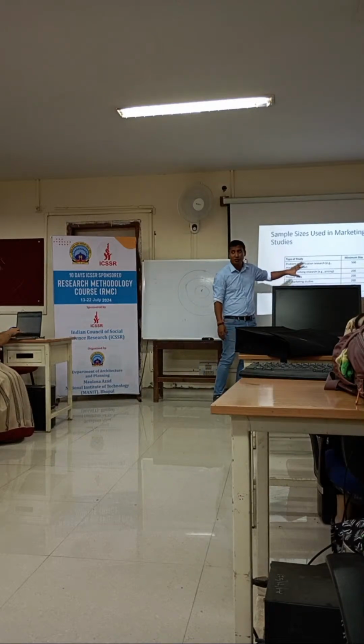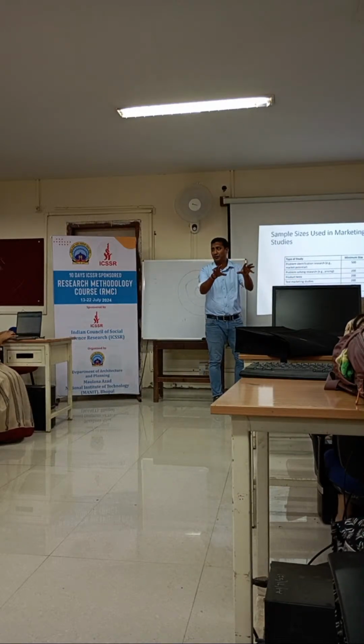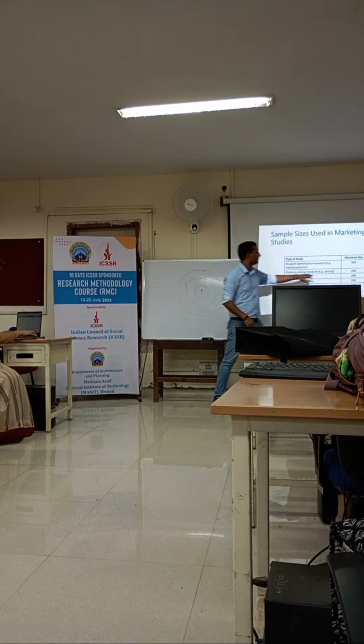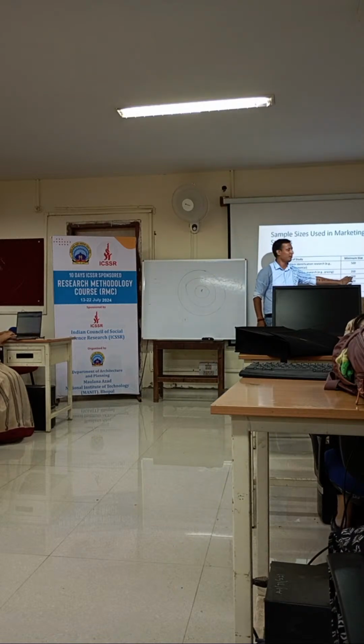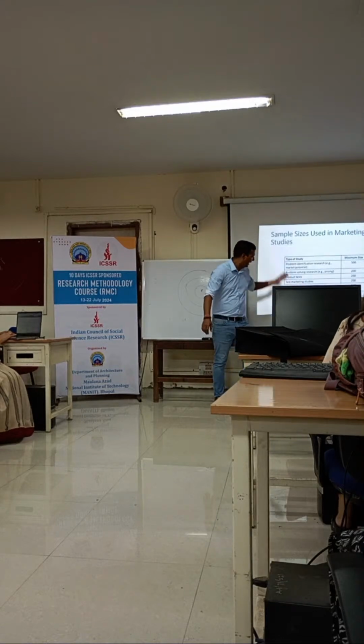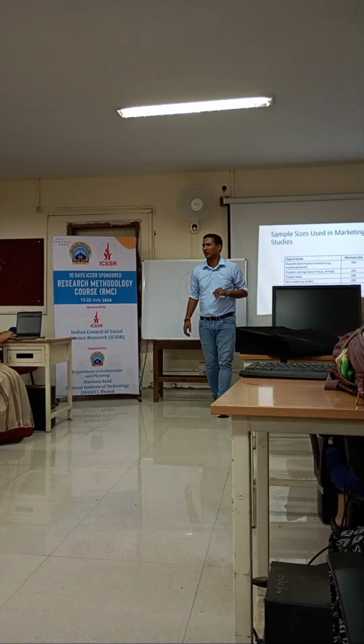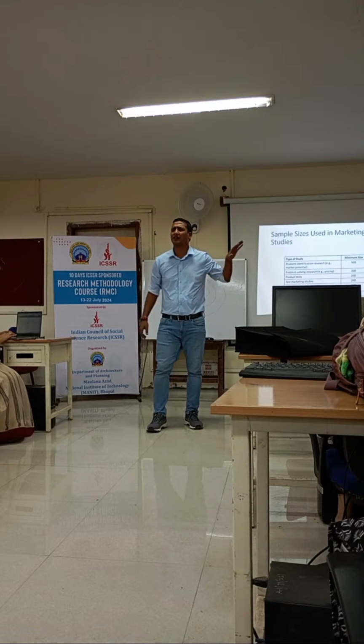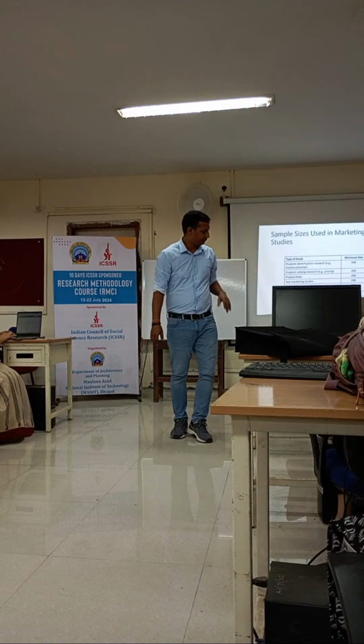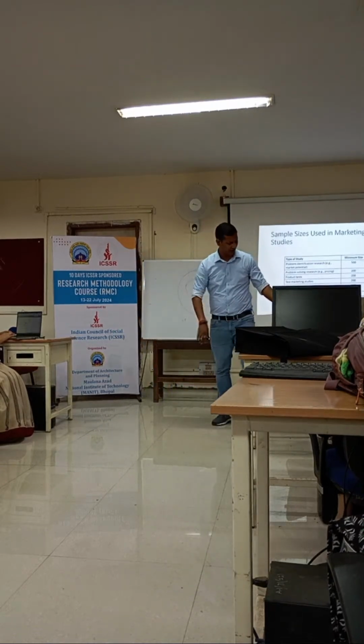In case of problem solving, if you know the problem and the variables I have taken, in that case, 200 would be the minimum, and ideal is between 300 and 500. So in that way, you can take it as a benchmark. This is a tested model. I will share it with you.